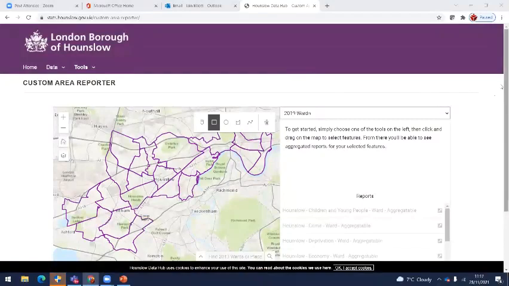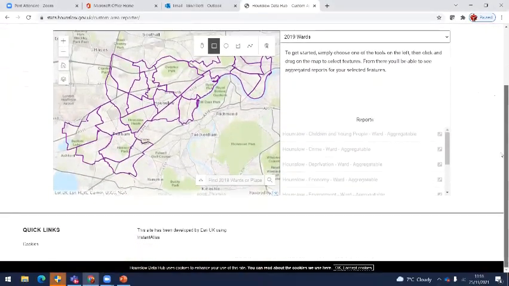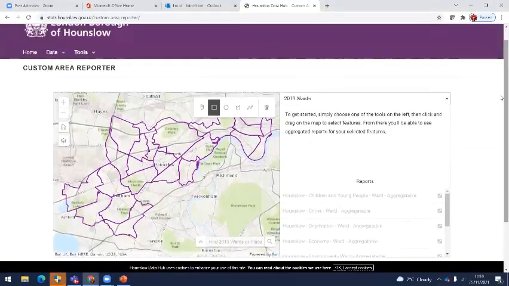Yeah, and there is an Ealing data set as well. So maybe I should put that in. I don't think we've got any Ealing groups today, so.